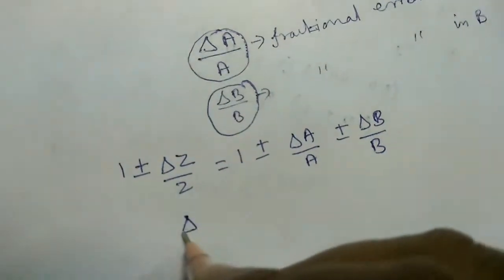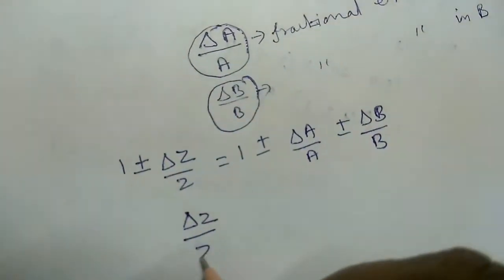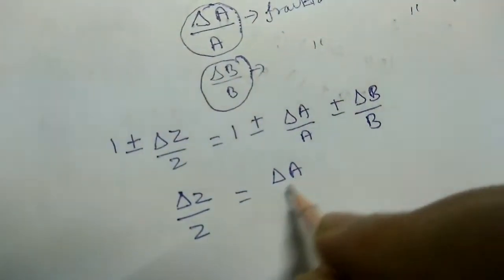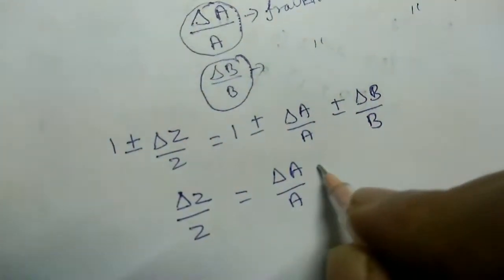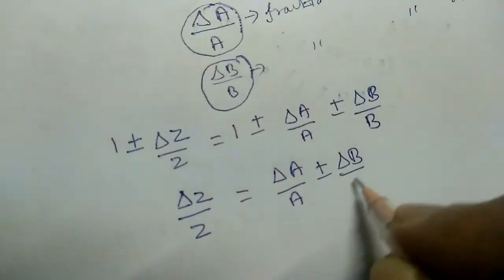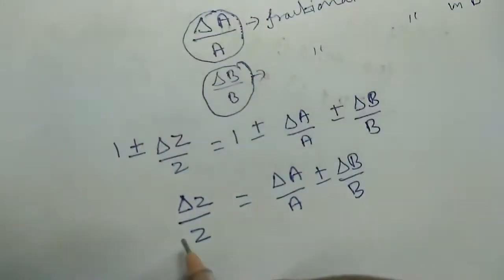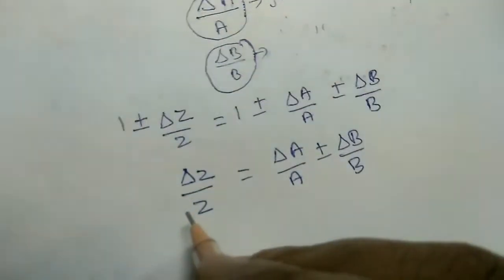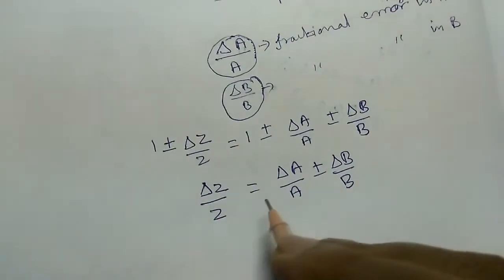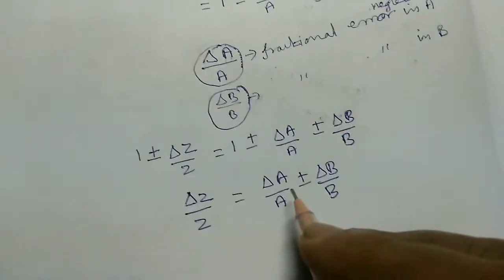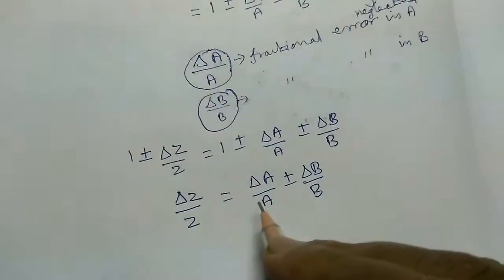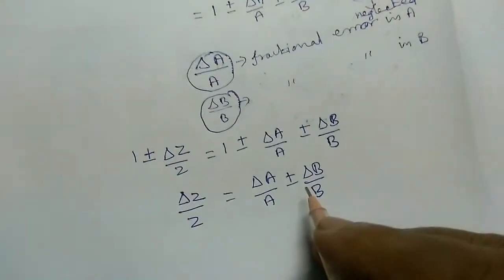In this place we get del Z by Z, and here del A by A plus or minus del B by B. So while multiplying two quantities, the maximum fractional error is the sum of the fractional errors of the individual quantities.